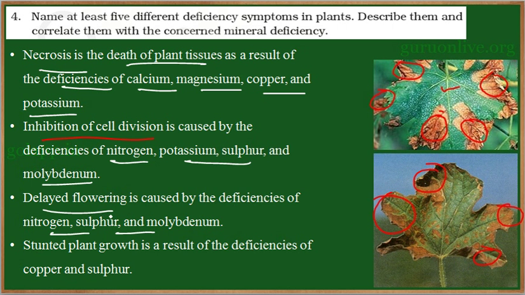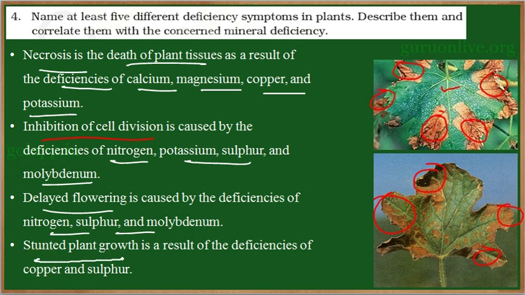In delayed flowering, the maturity of the life cycle is delayed, and the flowers do not bloom at the right time. This means the whole species will be affected. There is no proper production of offspring, and the number of the species can come down. So this is very important. Delayed flowering should be treated properly by supplying the proper amount of the nutrients nitrogen, sulfur and molybdenum.